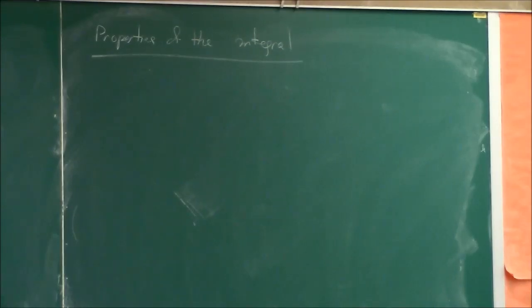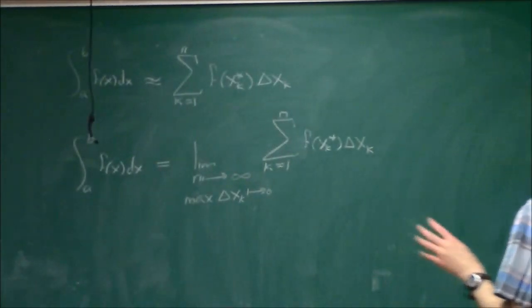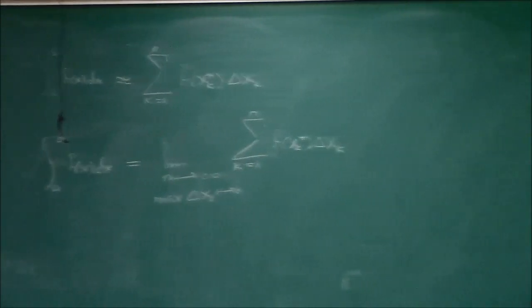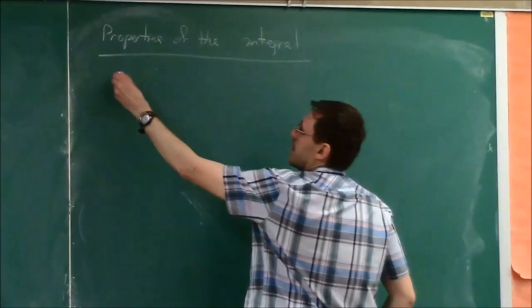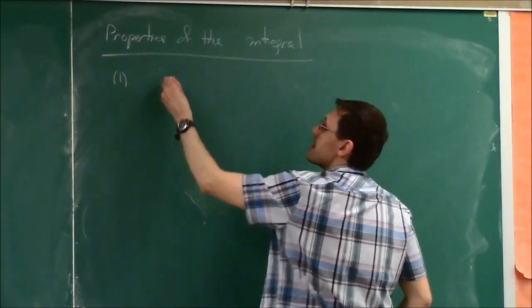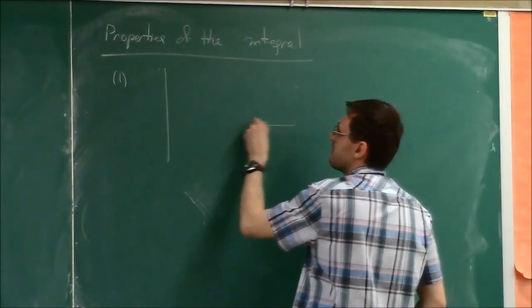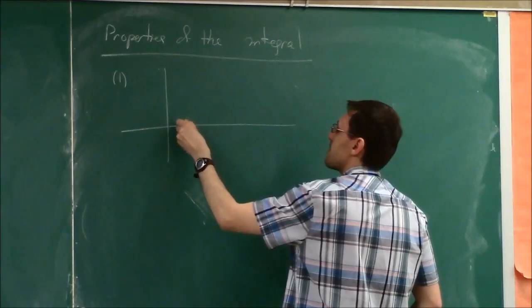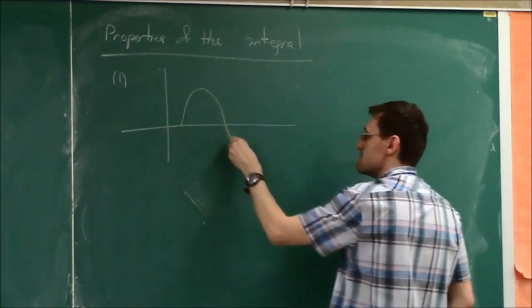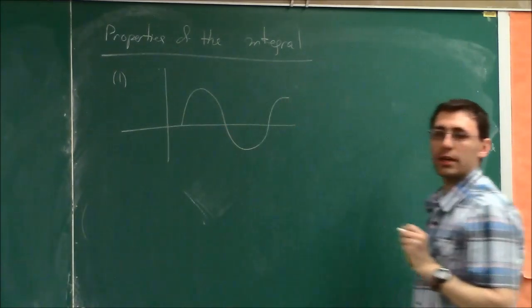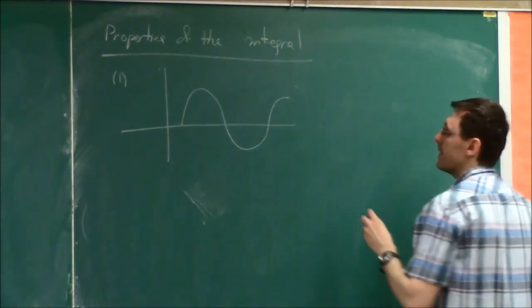First of all, we give this mathematical formula its own life. We don't have to interpret it as area under the curve. So suppose we have a function that looks like this. It's no longer a curve over the x-axis, okay?